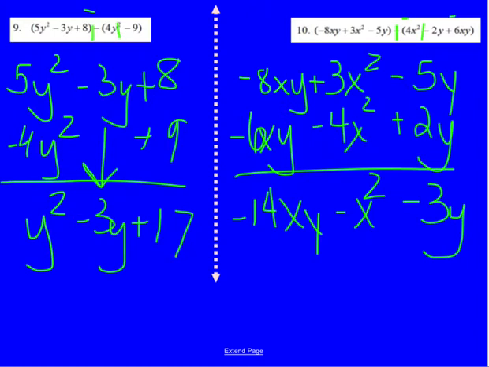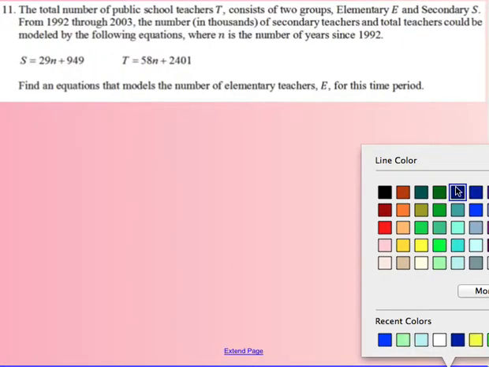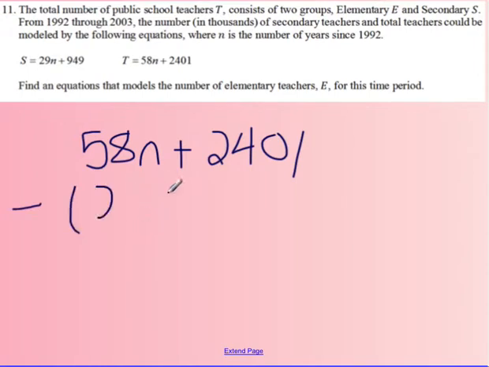Okay, so I believe I set up this word problem for you guys on the note sheet. If I did, let's make sure we finish out this subtracting. We have 58n plus 2401, and then we're subtracting off the number of secondary ed teachers, which is 29n plus 949.